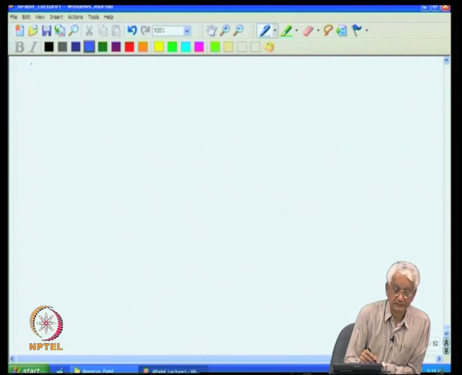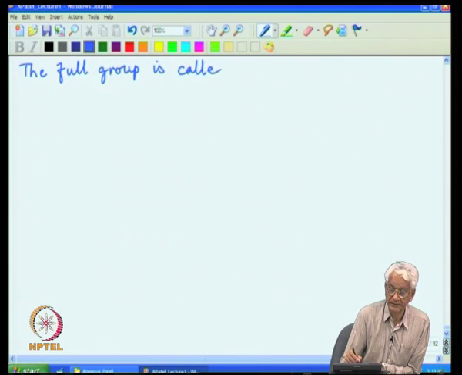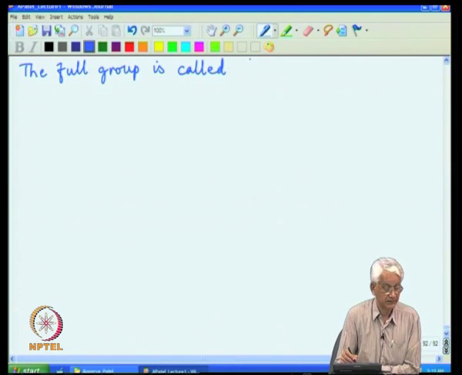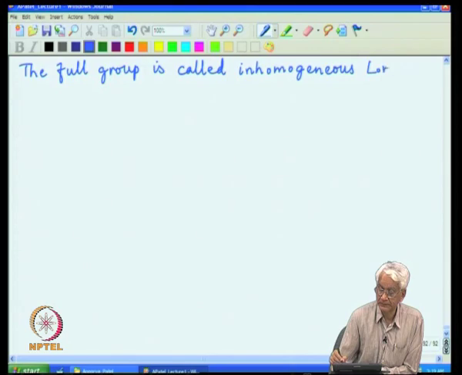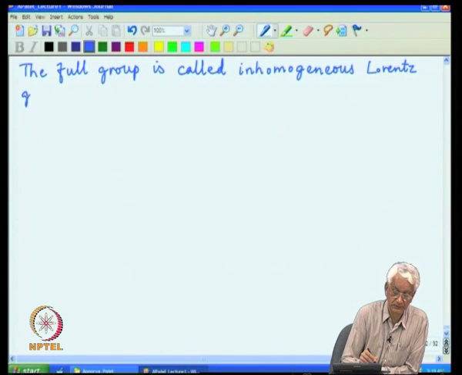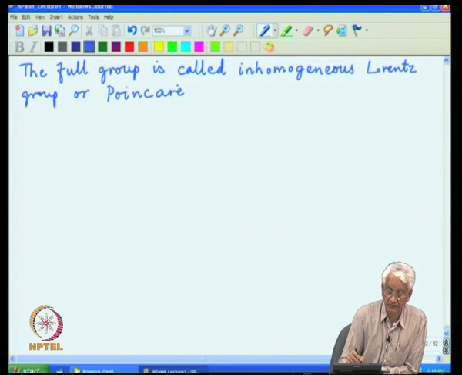The full group, which I defined by these transformation rules for x prime and x being linear, is called the inhomogeneous Lorentz group, or often also by the name Poincare group.